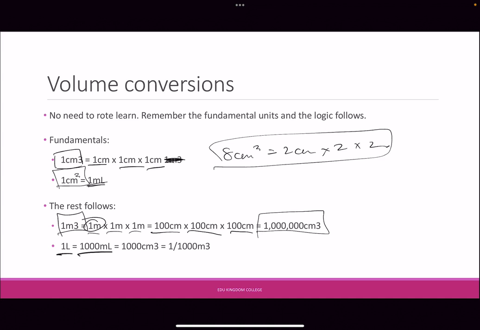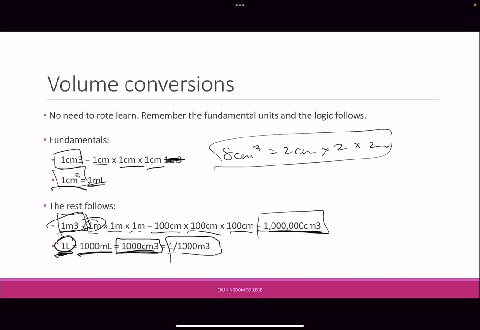If we're converting centimeters cubed into liters, a liter is 1,000 milliliters, and 1,000 milliliters is the same as 1,000 centimeters cubed. So 1 liter equals 1,000 centimeters cubed. A liter in terms of meters cubed: 1 meter cubed is 1 million centimeters cubed, so if a liter is 1,000 centimeters cubed, it's a 1,000th of a meter cubed, 1 over 1,000 meters cubed.